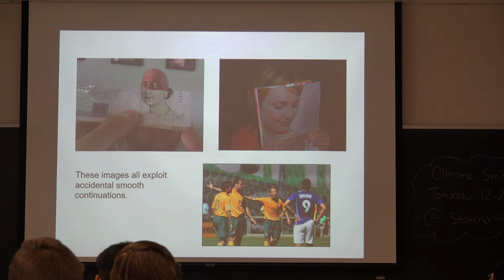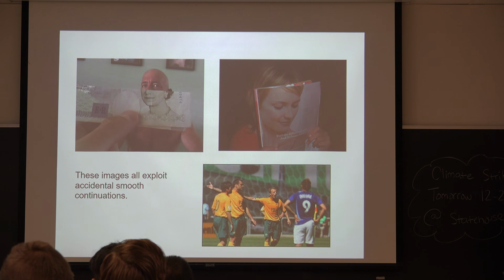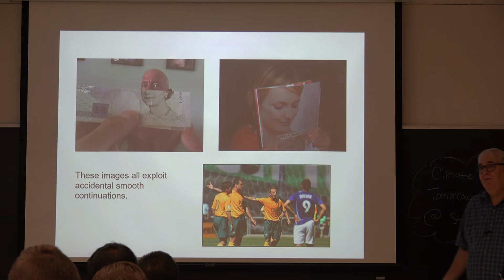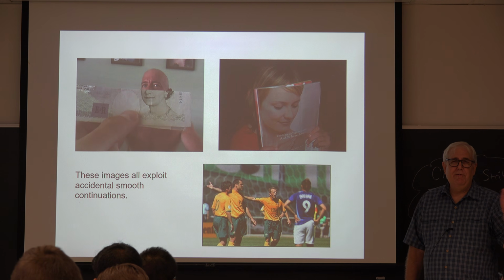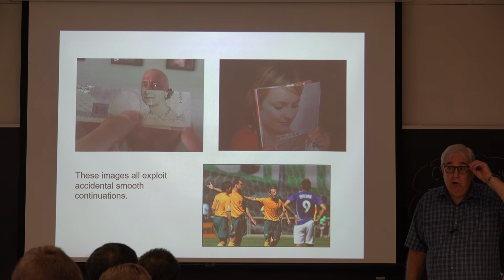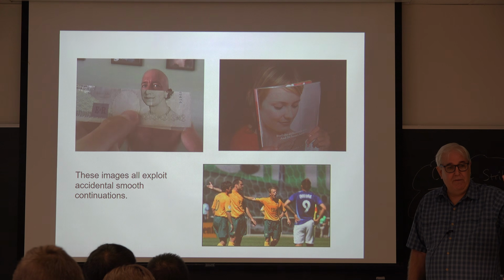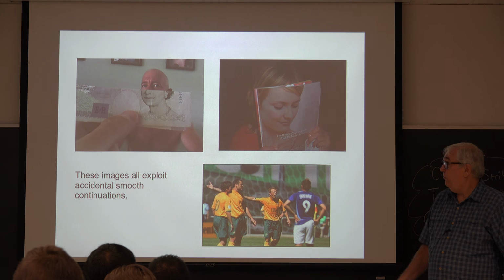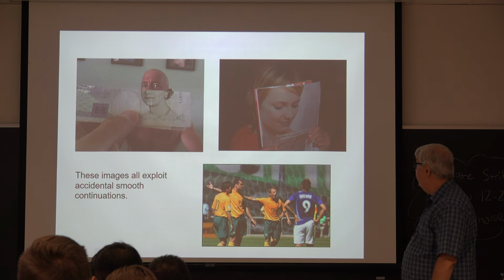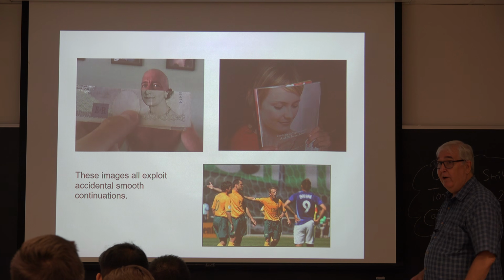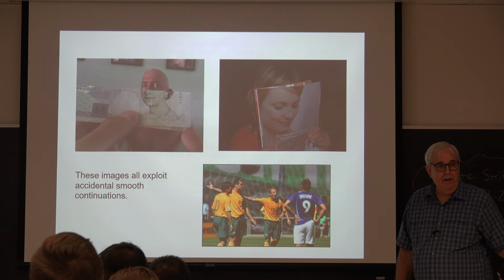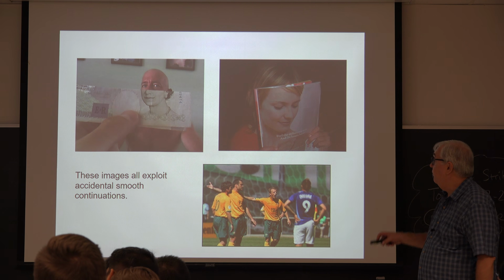Now this gets us to these images. I've been doing this lecture for a while. This is actually one of my favorite lectures, and I get all kinds of emails from students after the fact who send me examples like this, where they exploit non-accidental properties, where you get these ridiculous figures.